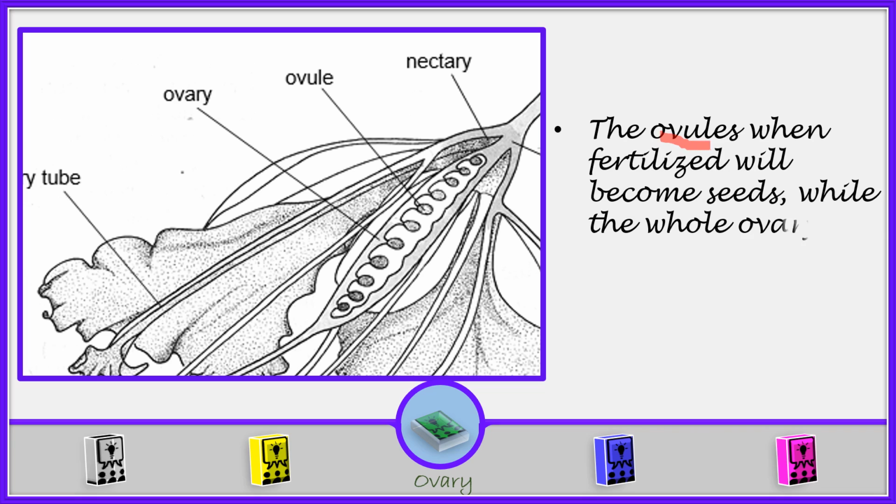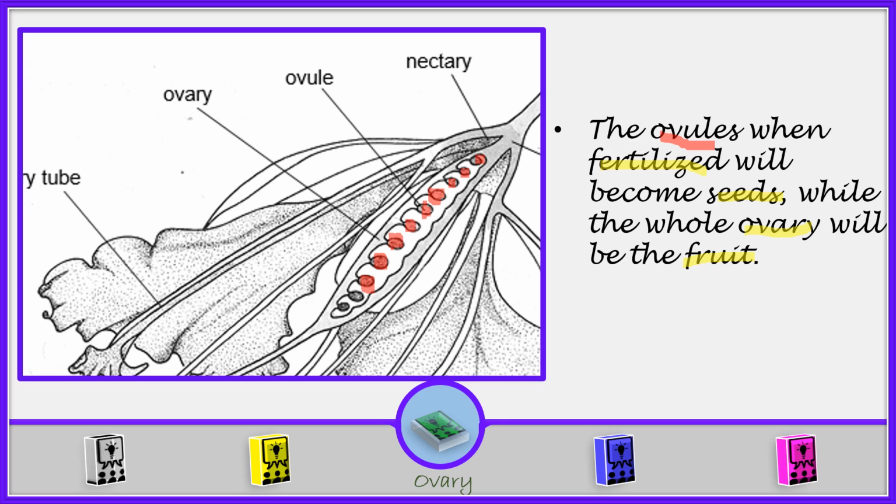The ovules are fertilized, and therefore when fertilized they become seeds, while the whole ovary will be the fruit. So we have the seeds, the ovules. These ovules inside, when they are fertilized, are going to turn into what we call the seeds.